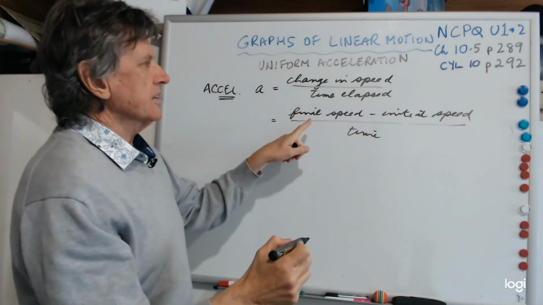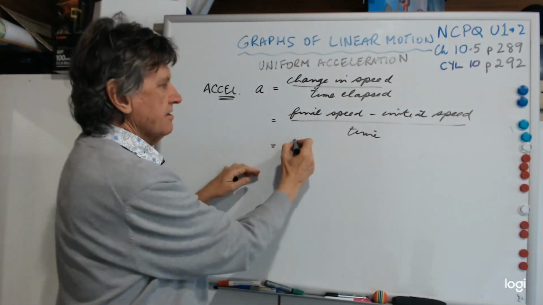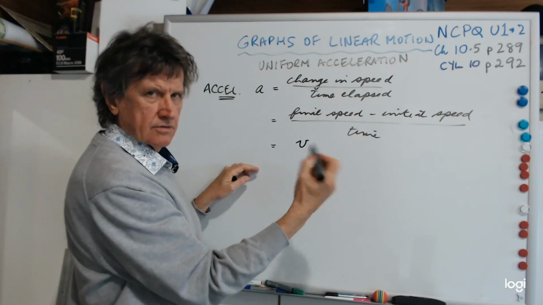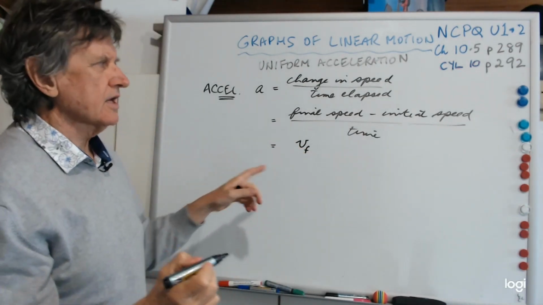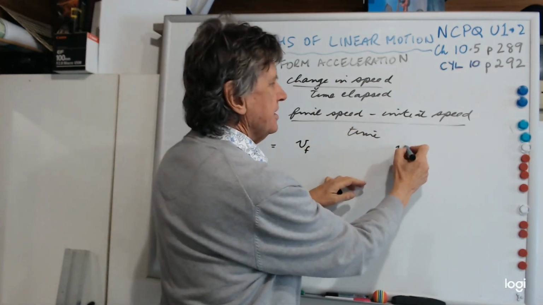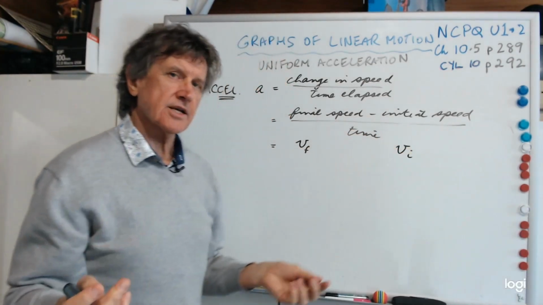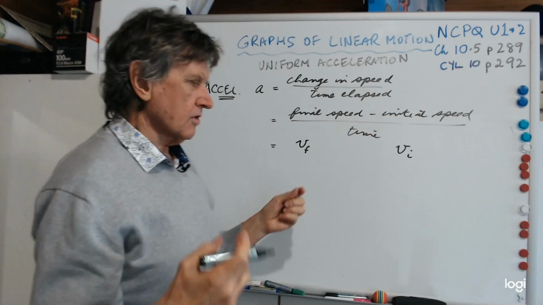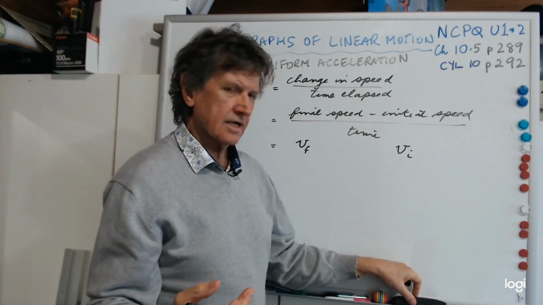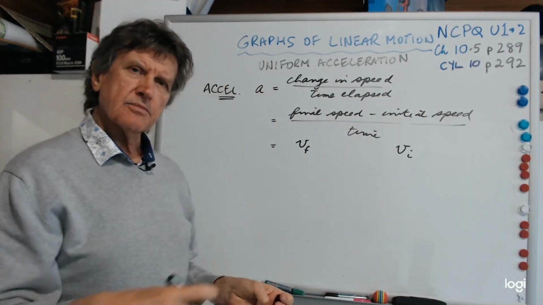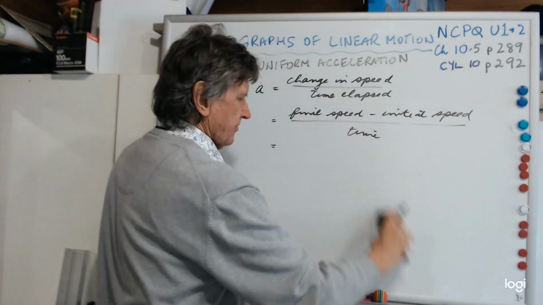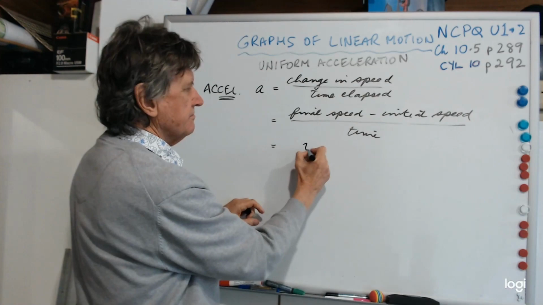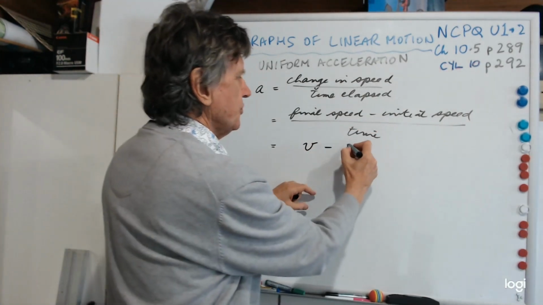Now, for the final speed, we could use v for speed, or velocity, with a little subscript f, and you'd use v initial. Now, some textbooks do that, but what we're doing is what the syllabus does, and what I've done in the previous editions of my text. I've used the symbols: final speed is v, initial speed is u.